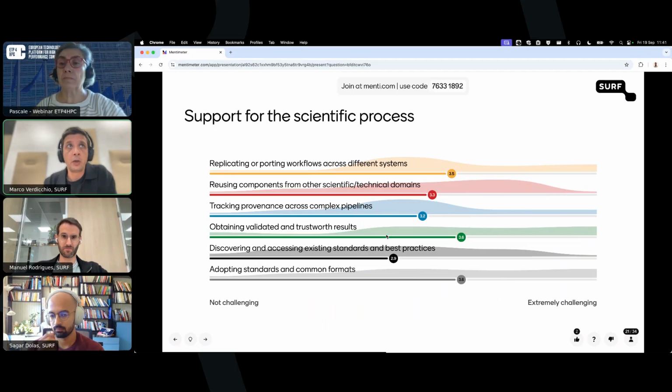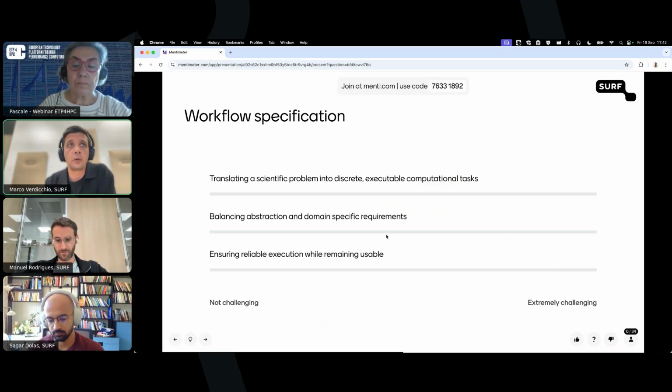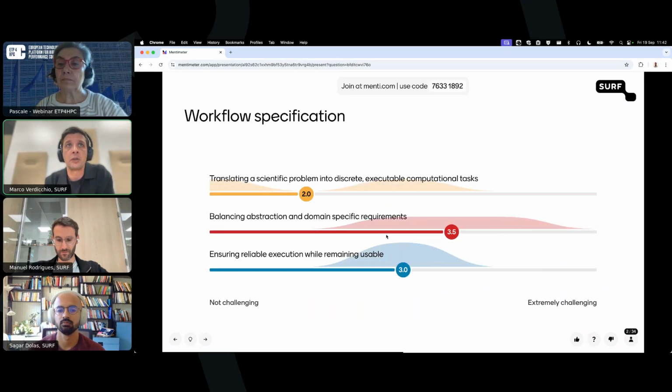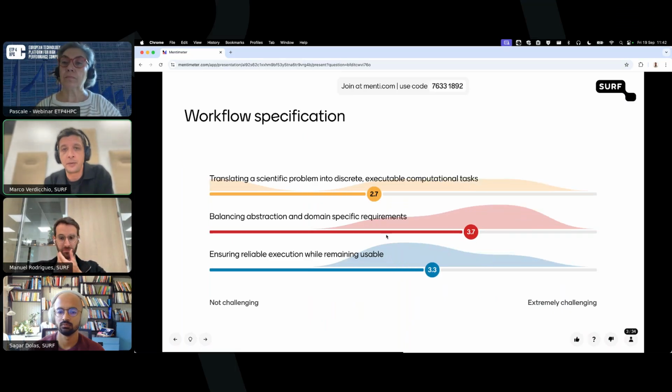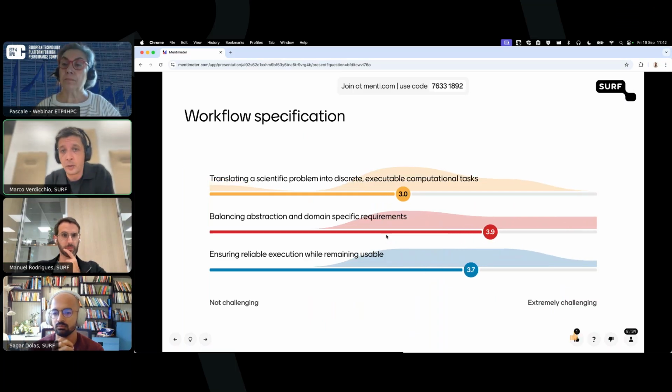Okay, moving on to the second group of challenges, which was more on workflow specification. Here there are fewer options, but again, please rate 1 to 5. The three we want to propose are translating scientific problems into executable computational tasks, balancing abstraction and domain-specific requirements, and reliable execution coupled with usability, of course.